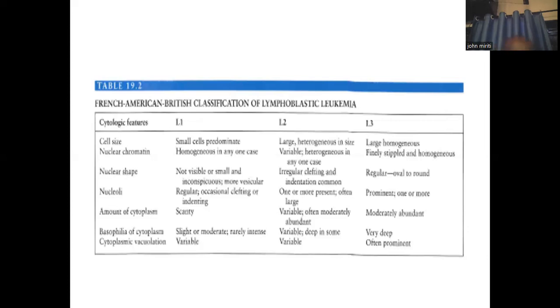So that is the French-American-British classification of lymphoblastic leukemia, which checks various characteristics: cell size, nuclear chromatin, nuclear shape, nucleoli, amount of cytoplasm, basophilia of cytoplasm, and cytoplasmic vacuolization.